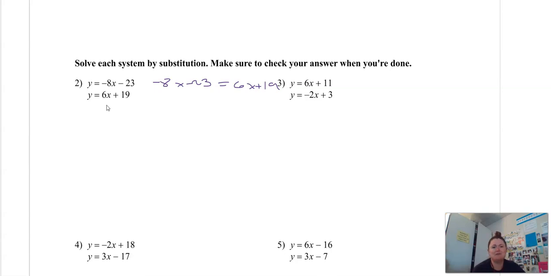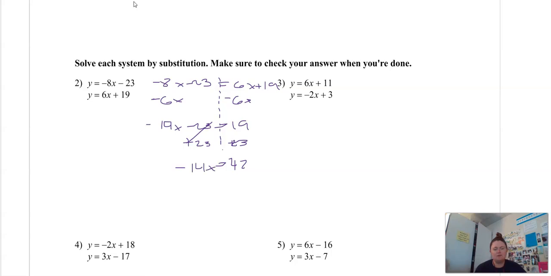Now, hopefully you remember how to do this. This is first trimester stuff. I'm just going to get x by itself. So I'm going to subtract 6x from both sides. This is that thing where you can draw the dot, dot, dot. So I have negative 14x minus 23 equals 19. Add 23 to both sides, and then these cancel, and I'm left with 42.